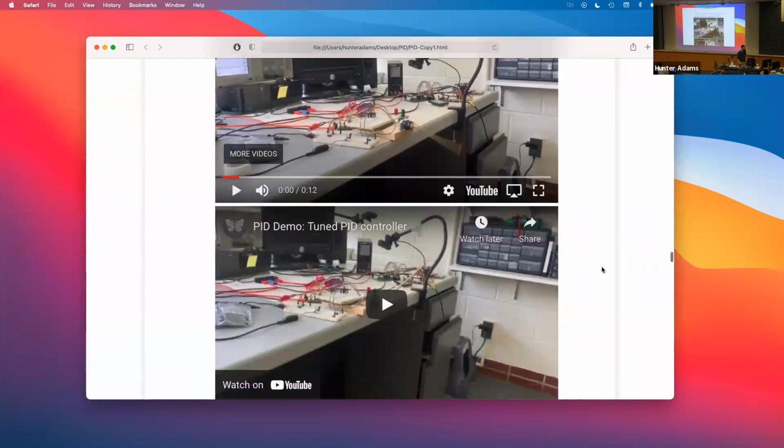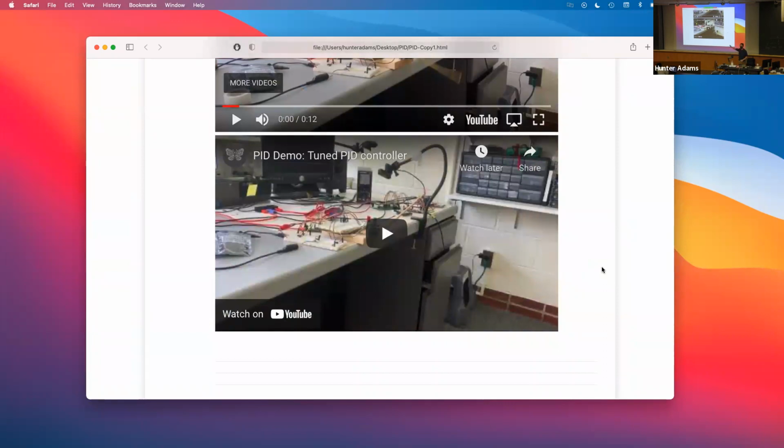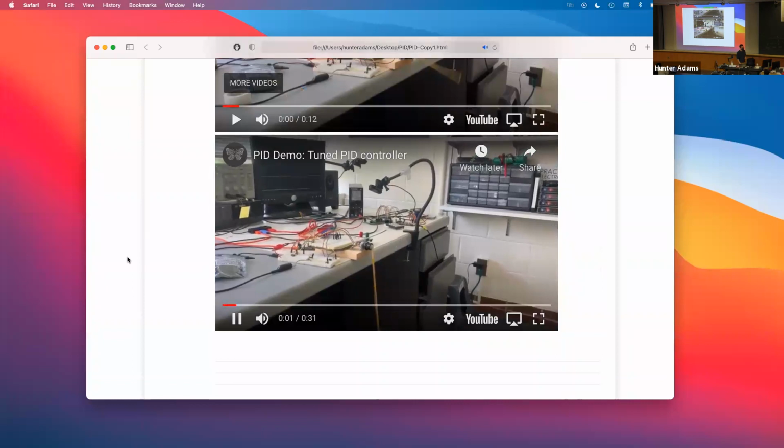Many of you will tune this better than I'm about to show you, but this is a slightly more tuned PID controller. And what you'll see is snappiness without too much overshoot and without too much ringing.